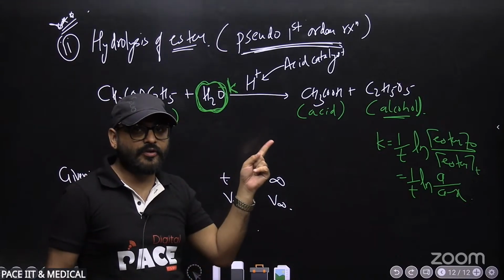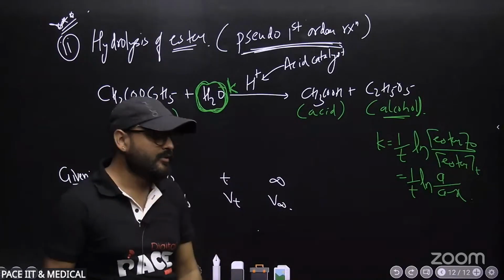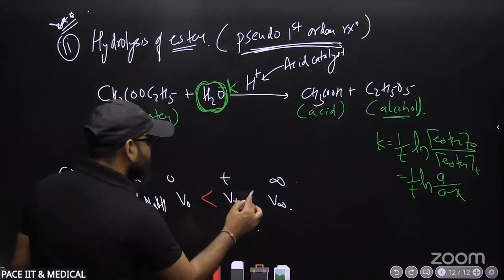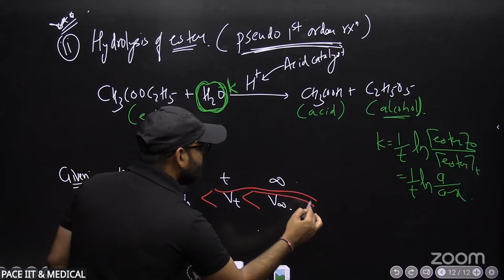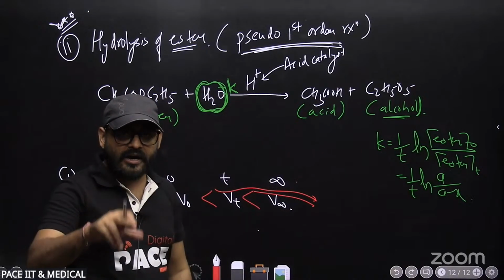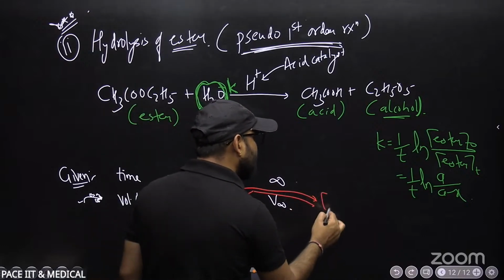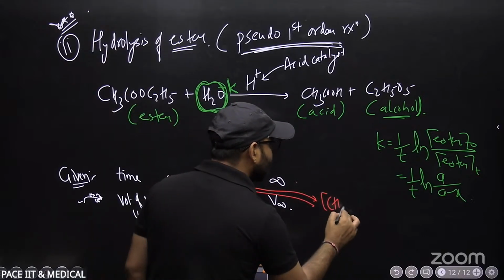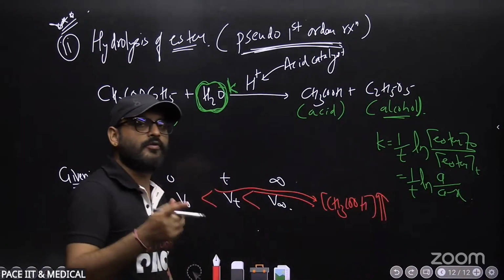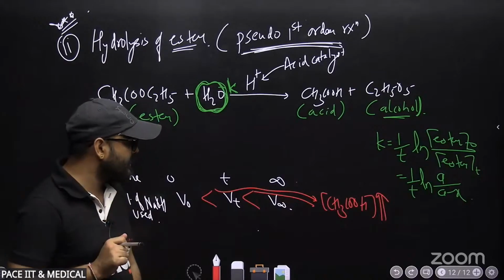So CH3COOH concentration will be directly proportional to NaOH's volume. That means these values are increasing because CH3COOH will increase with time. So volume used to titrate will also increase with time because CH3COOH is a product this time. Its concentration will increase, so the volume used to titrate this will also increase.